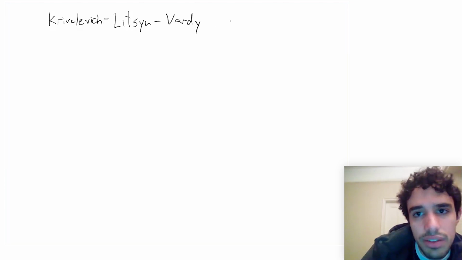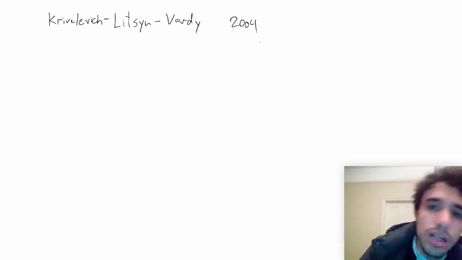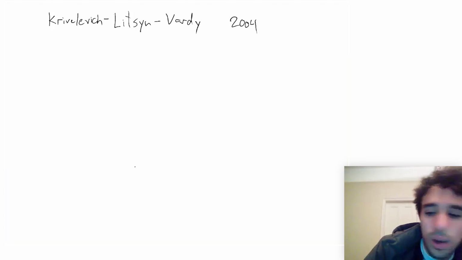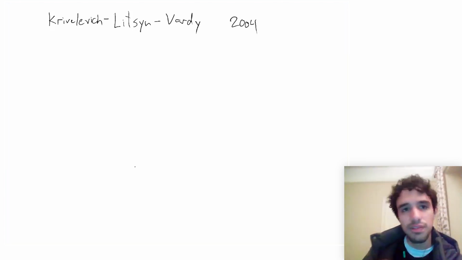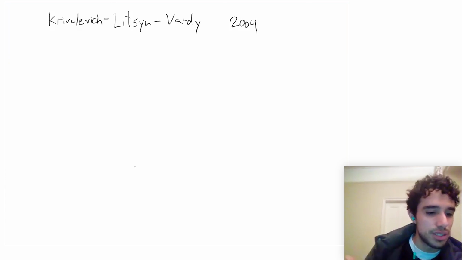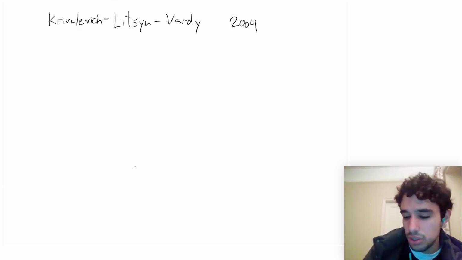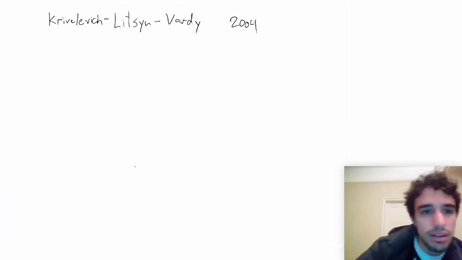It's from, I think, 2004. Which is I think one of the first good constructions for sphere packings that don't use a lattice. It's a construction that is not a lattice.